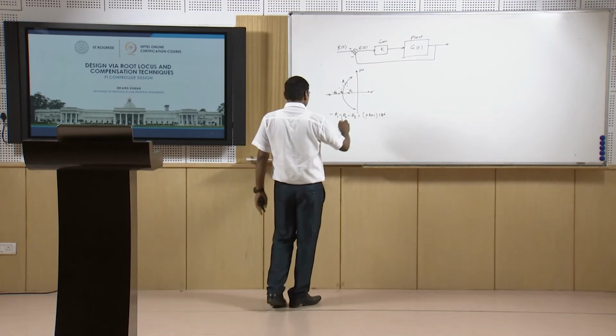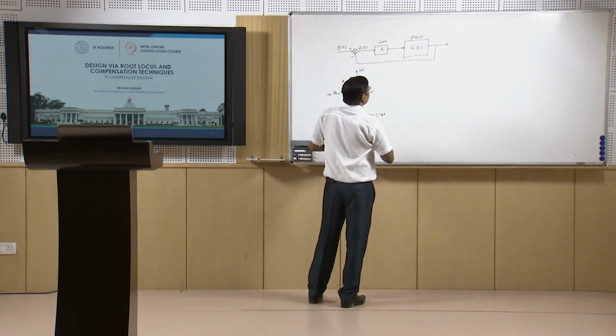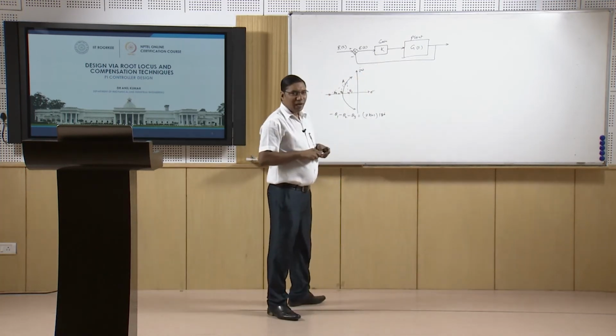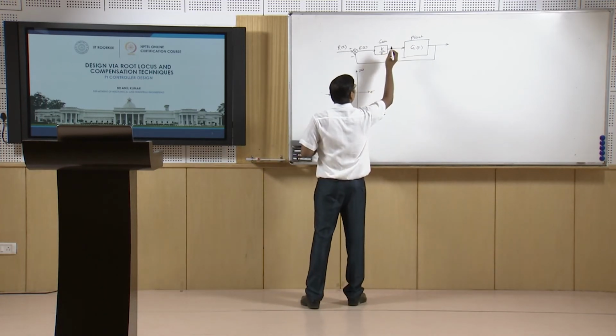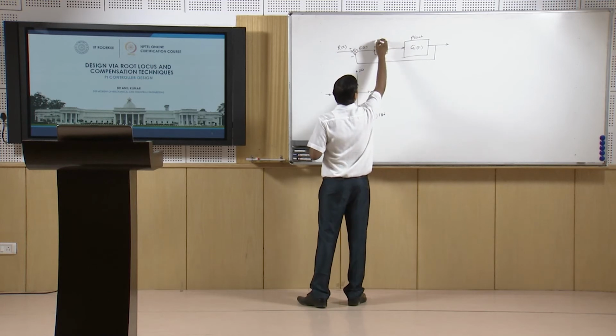Now, when we add one pole at the origin, what will happen? This is a compensator.